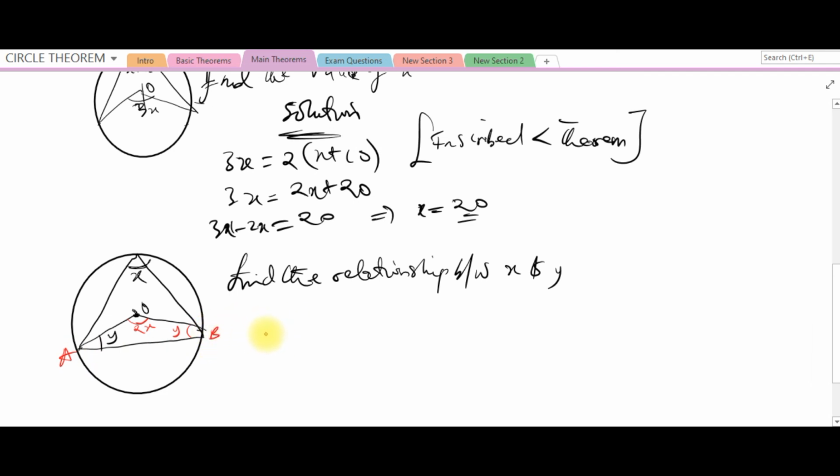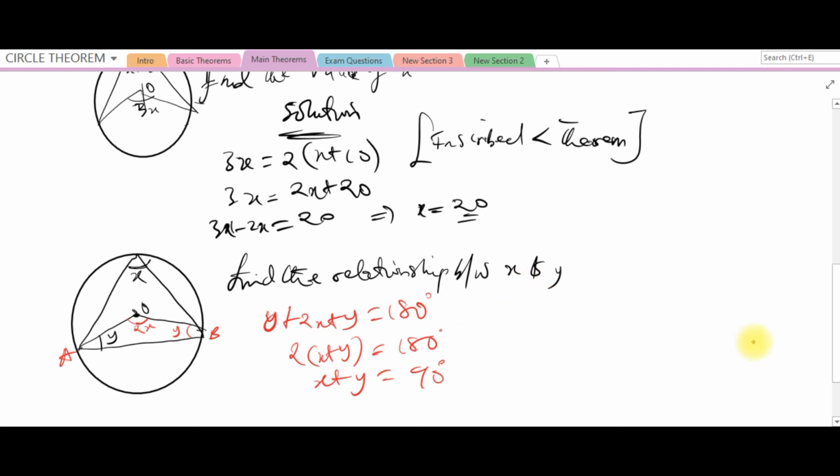From the angle sum theorem for a triangle, y plus 2x plus y must give us 180. So y plus y is 2y, so 2x plus 2y equals 180. Dividing both sides by 2, x plus y equals 90 degrees.